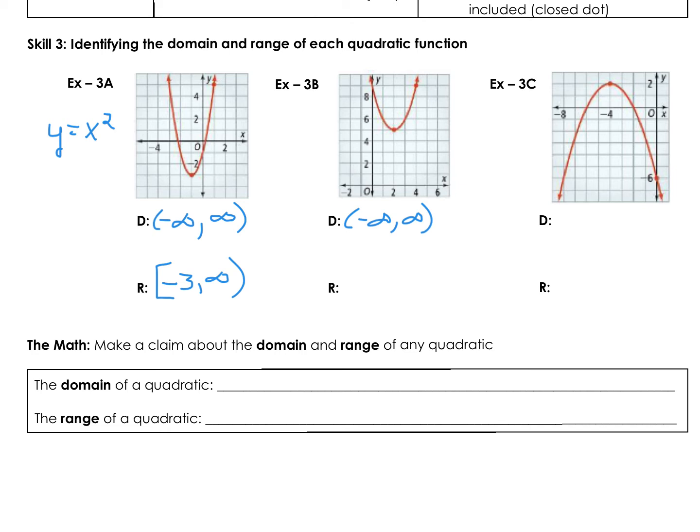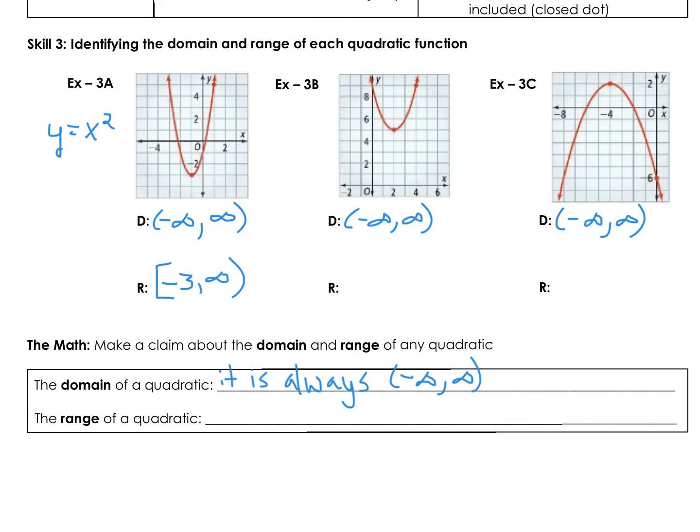For 3c, this time we're going down and to the left forever, and down and to the right forever. So we're still going left and right forever, and the domain is the same for all three. So the claim we can make about the domain is that it is always negative infinity to positive infinity.